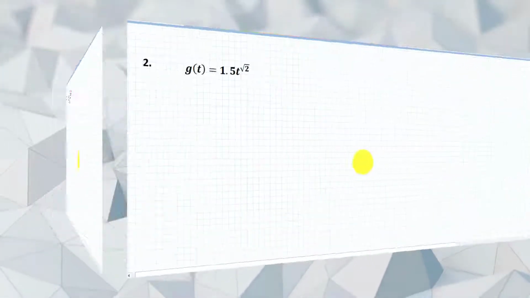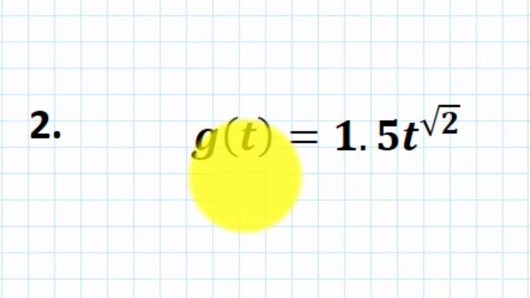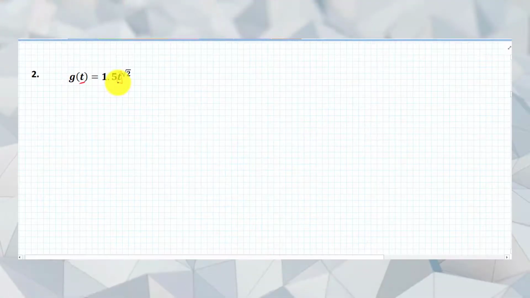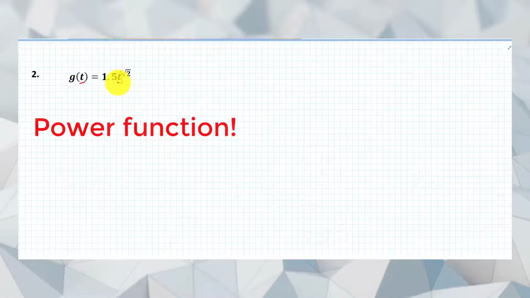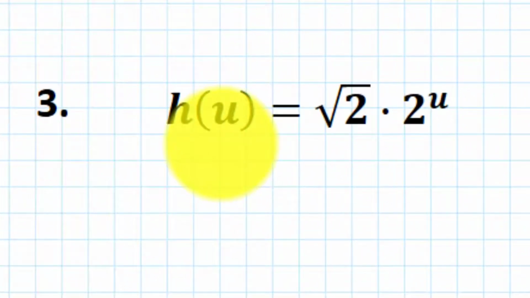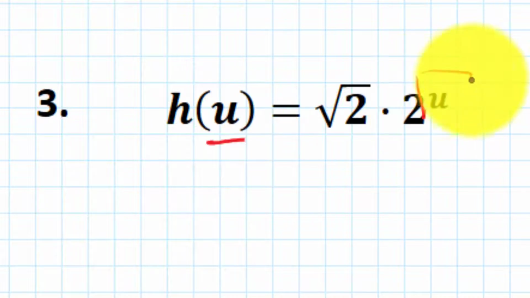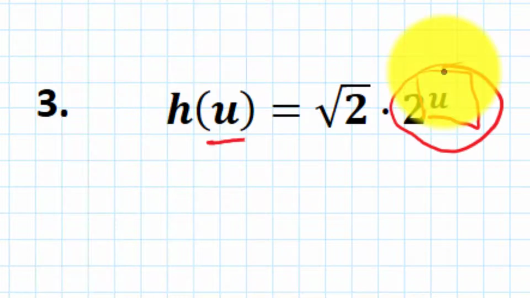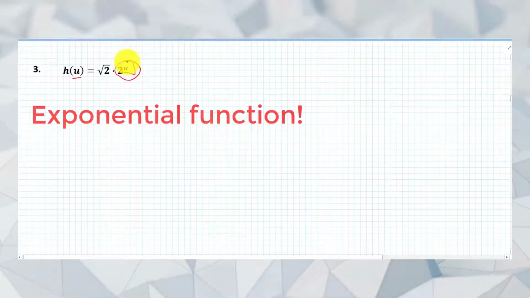Second example, here, this function has an input called t, and I see that t is at the base of the exponential, so this is not an exponential function. It is a power function. Next example, here the input is called u, and u is at the exponent of the exponential notation. So this is an exponential function.